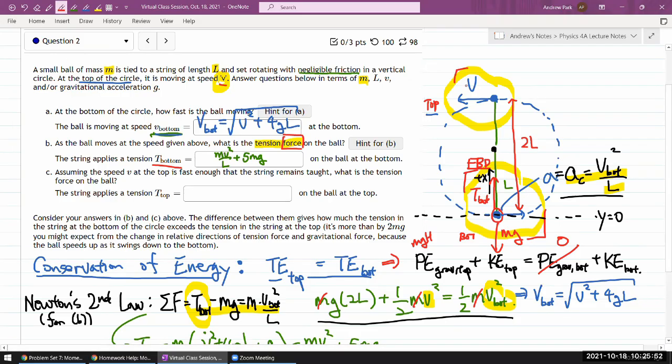So taking this picture here at the top, I need to draw my free body diagram. So let me just draw free body diagram here. I always have gravity, so there will be gravity mg. And this time, tension can only pull, so tension will be downward, not upward.